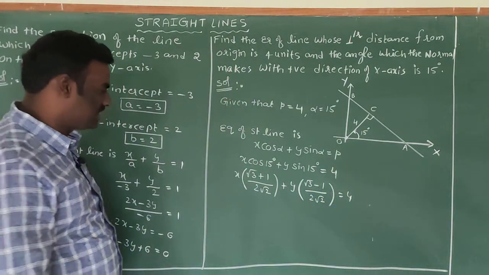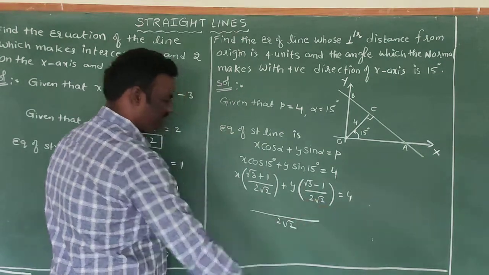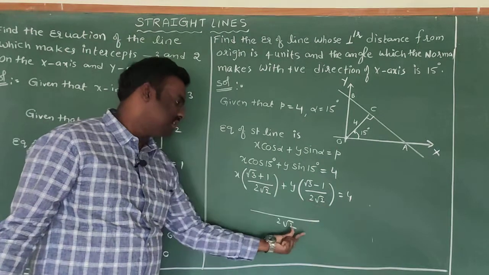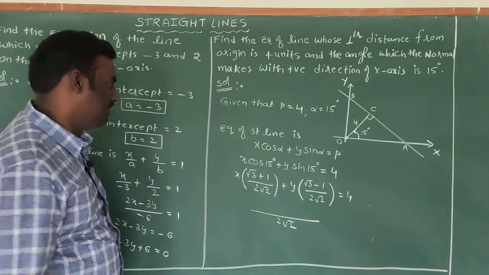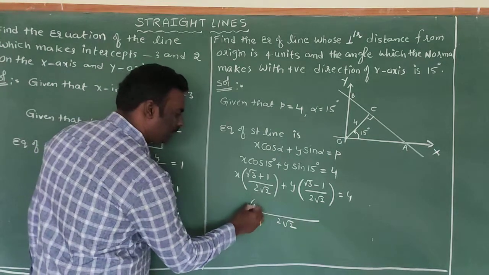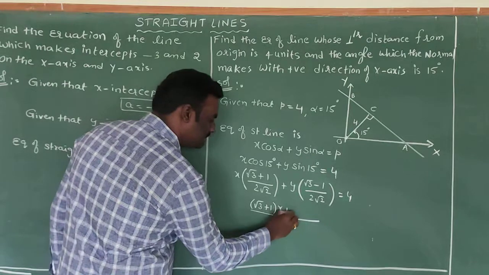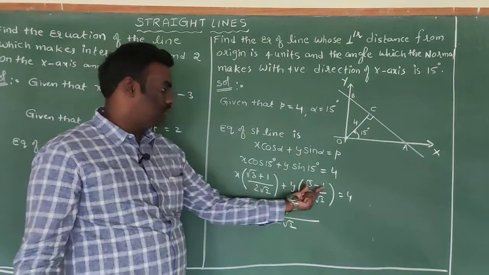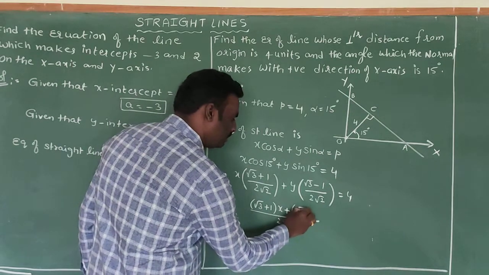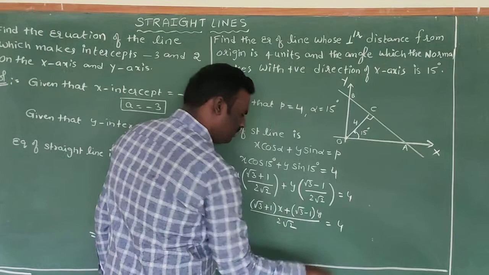Now, I take the LCM. 2 root 2 is the LCM, because here 2 root 2 is there, here 2 root 2 is there. Now, what is remaining? Root 3 plus 1 into x, next, root 3 minus 1 into y, is equal to 4.